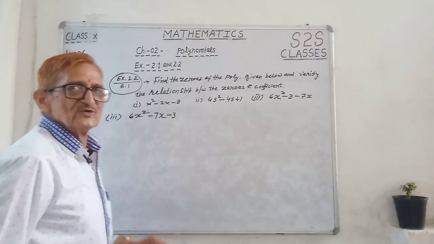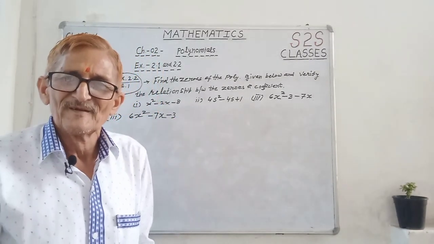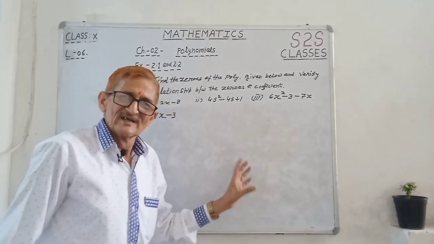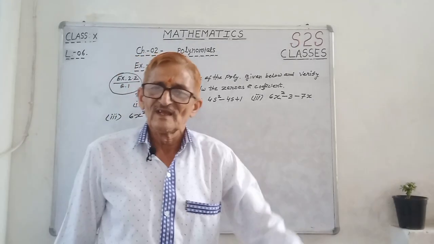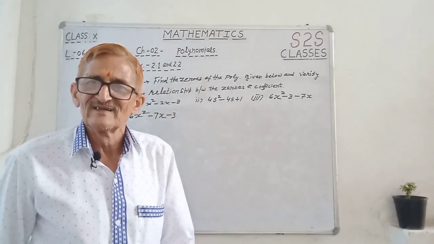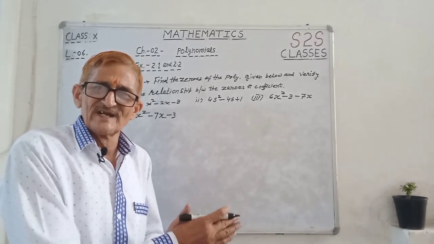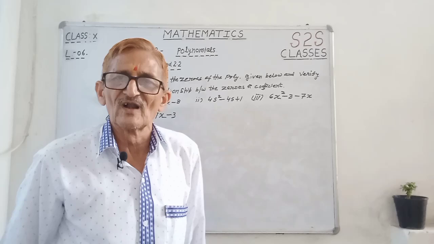This question is given like this in the exam to confuse students. So be careful, write ax square plus bx plus c like this, and then compare. Take the values of a, b, c: x square coefficient is a, x coefficient is b, and the constant term is called c.